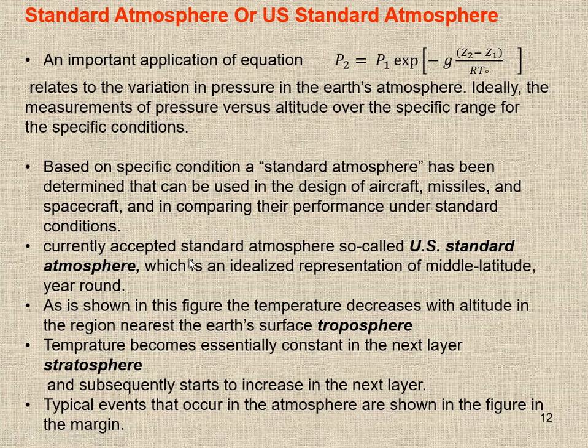The currently accepted standard atmosphere is the so-called US standard atmosphere, which is an idealized representation of middle latitudes year round. As is shown in the figure below, the region nearest the Earth's surface, where the temperature decreases with altitude, is called the troposphere.